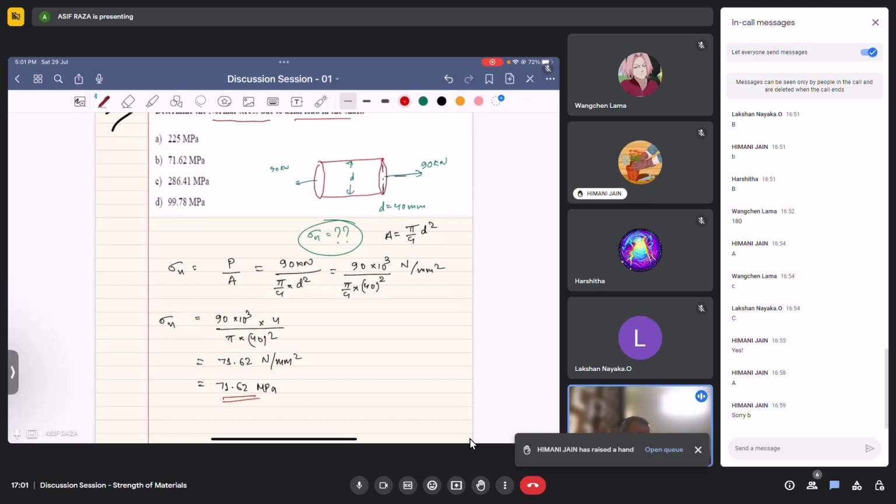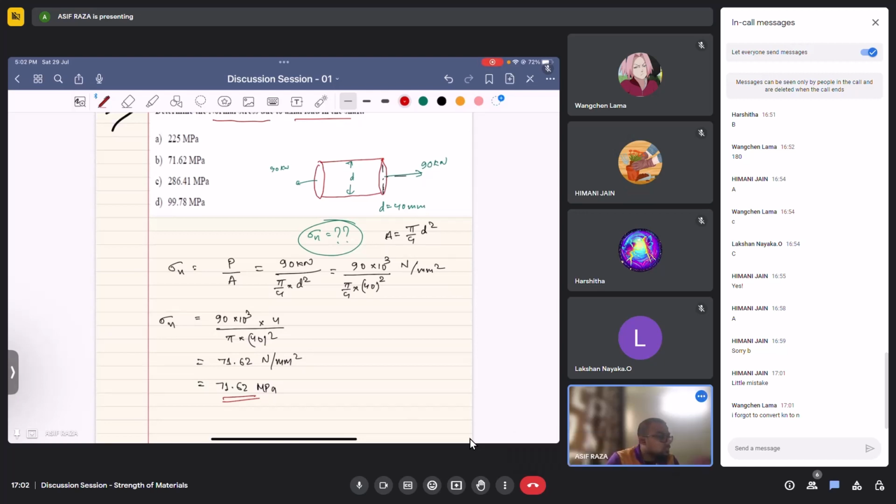Okay, you forgot to convert kilonewton to Newton, but the value should still be in megapascal, only times 10 to the power something. 71.62, but there is no value closer to this. Maybe a rounding off error also.